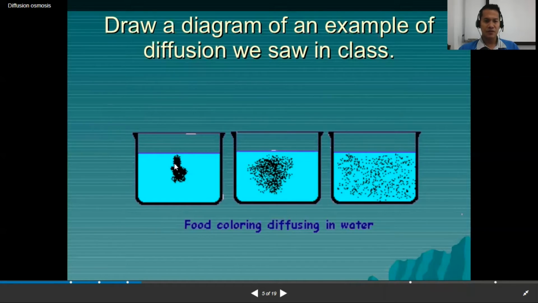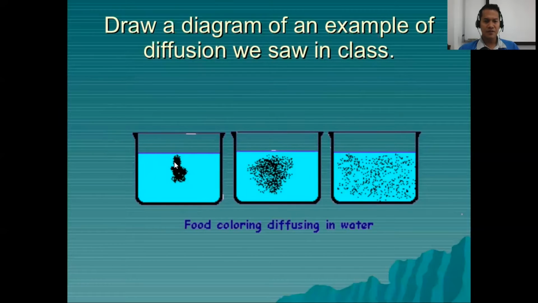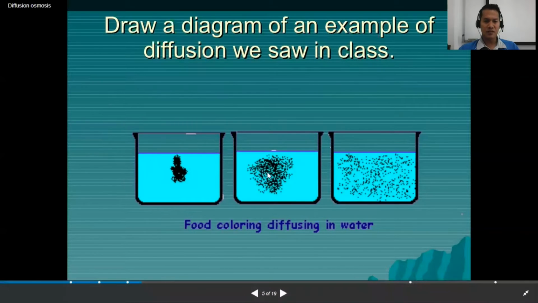So I drop the food coloring right here. And then after a few seconds, a few minutes, it's gonna go like this. All right. And then later on, the food coloring is distributed evenly in that beaker.